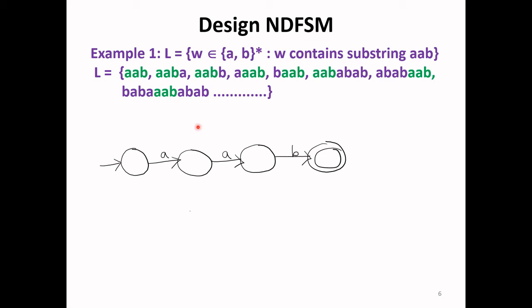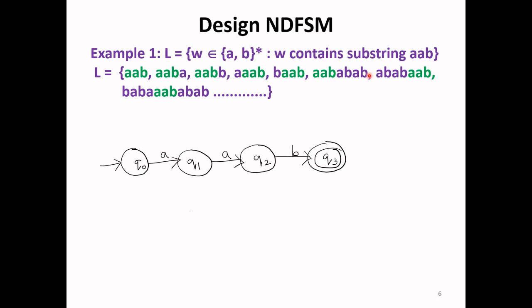Let us label these states as Q0, Q1, Q2, Q3, where Q0 is the initial state and Q3 is the final state. So, we have obtained this string, that is, this string AAB is accepted by this particular non-deterministic finite state machine.